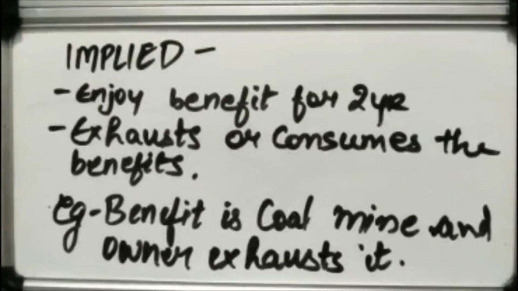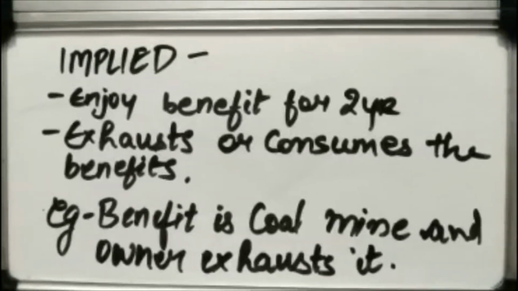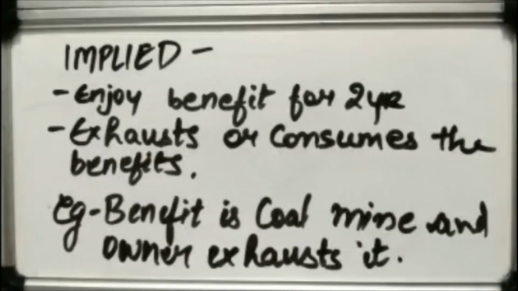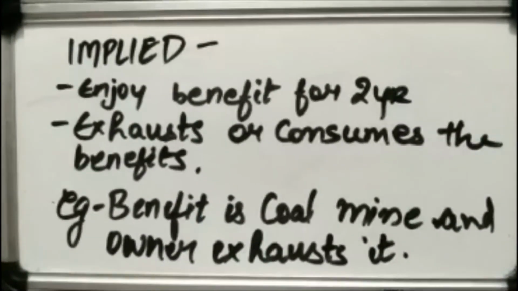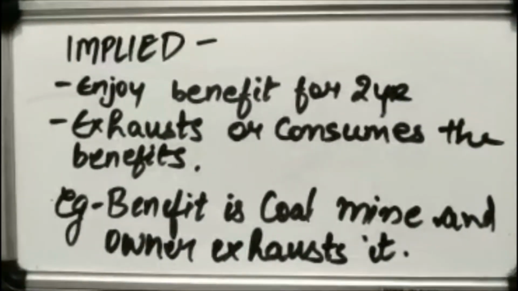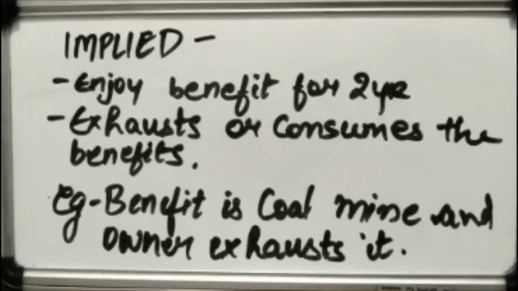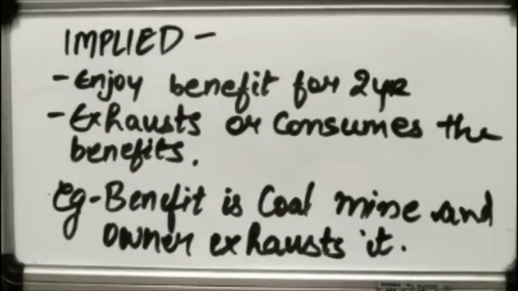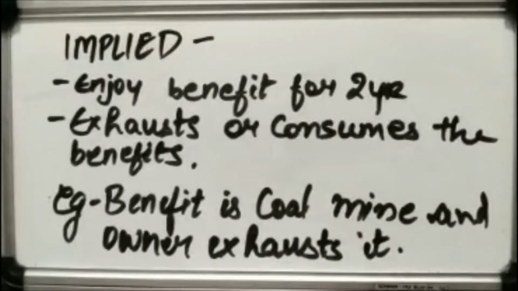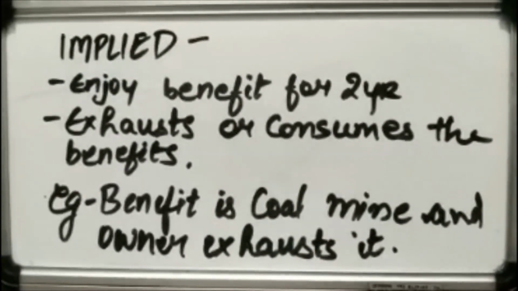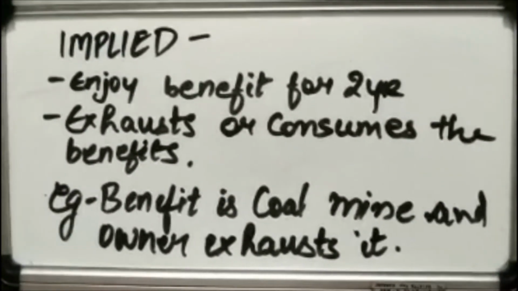For example, A transfers to B an estate owned by C, and as a part of the same transaction, gives to C a coal mine. C does not elect in express words, but takes possession of the coal mine and exhausts it. It is here presumed that he has elected to take the benefits in this case.